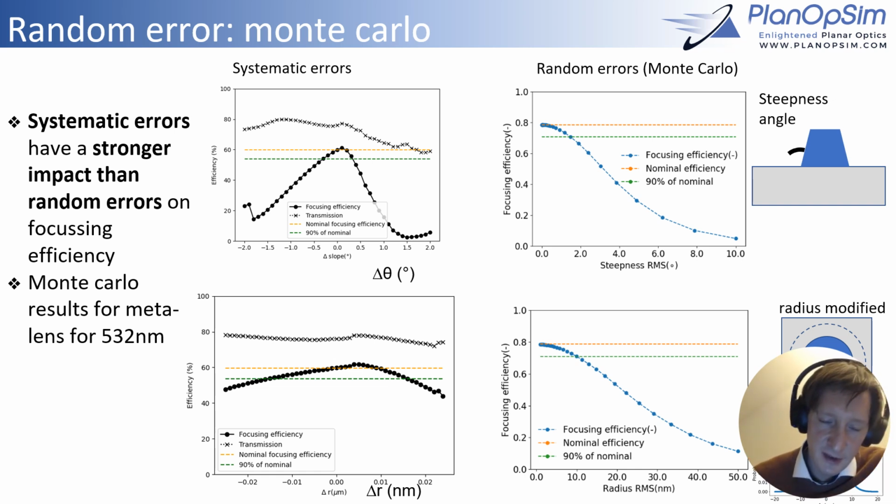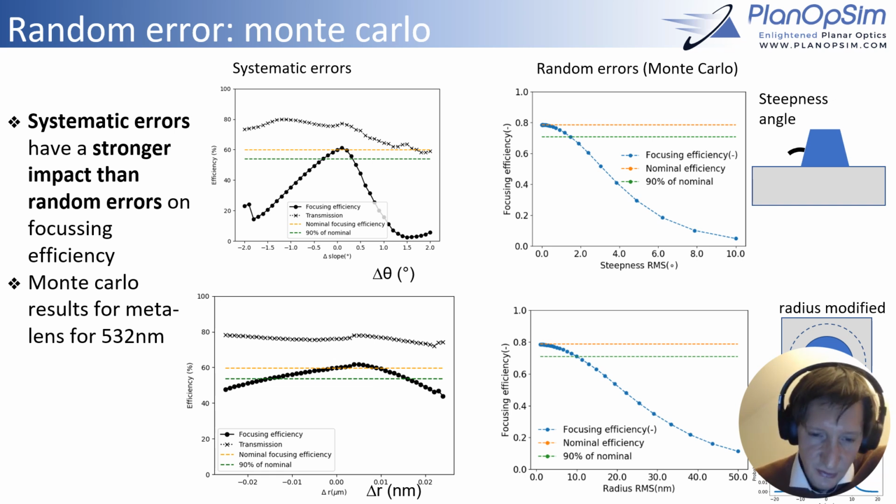And here in this slide we see a side-by-side comparison, on the left of the systematic errors and on the right of random errors. For instance, if we look at the effects caused by changing the sidewall angle, as we've just seen, a systematic change there is very dramatic and quickly causes the focusing efficiency to plummet, whereas a random error there, so different locations having slightly different angles, has a much less strong decline in the focusing efficiency.